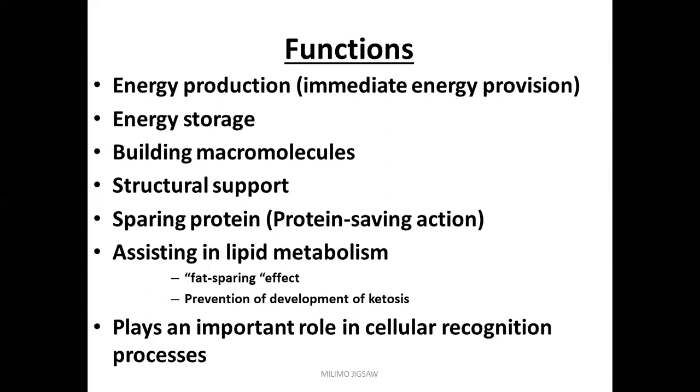So carbohydrates are important for energy production or immediate energy provision. If there is excess glucose, that excess glucose is stored as glycogen in animals or as starch in plants. So carbohydrates function as energy storage.